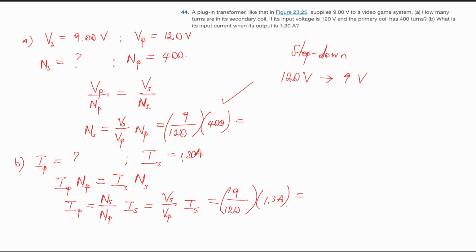In other words, the current on the primary side is going to be less than the current on the secondary side. And as you can see here, we have 1.3, which is the current on the secondary side, but this is being multiplied by a number that's less than 1. So we know that IP is going to be less than IS. So this essentially is a step-down transformer, and this is exactly how you would approach this problem. Okay, I'll stop here for now. I'll see you in the next one.